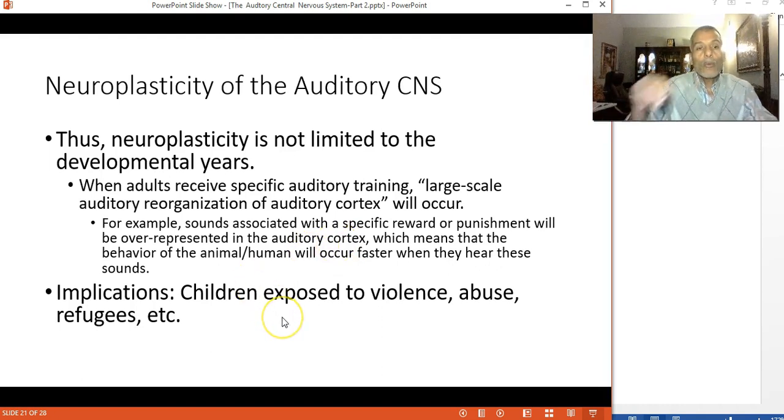Now, also, an implication of auditory neuroplasticity is that associating a sound with a specific reward or punishment, as in the example I gave, is going to reorganize the auditory cortex.